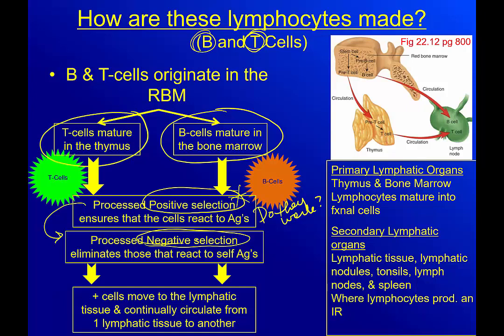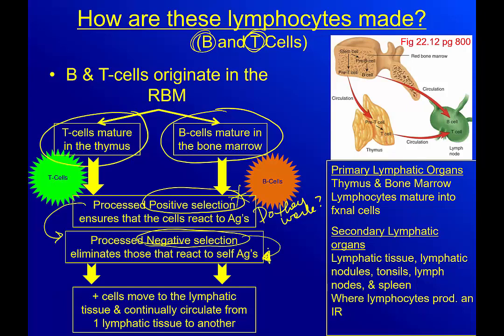Now, remember what I said. They hone in on a target and then kill that target. I need to make sure that whatever target they recognize isn't me. If they hone in on me, they will kill my cells too. So negative selection is basically making sure that they don't recognize me.